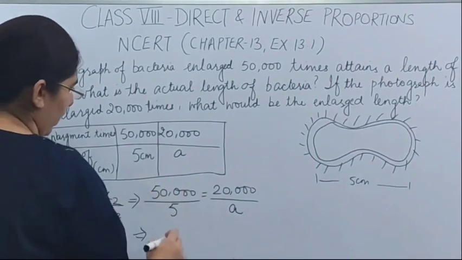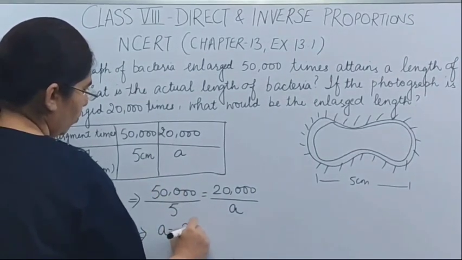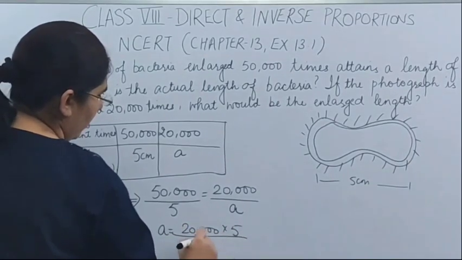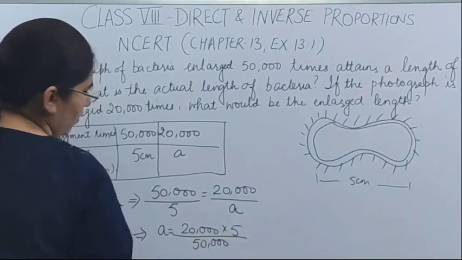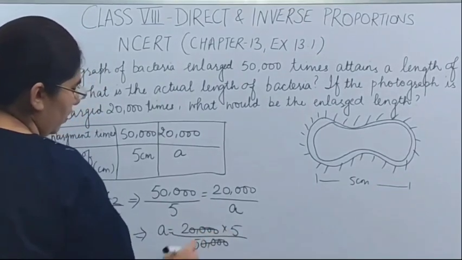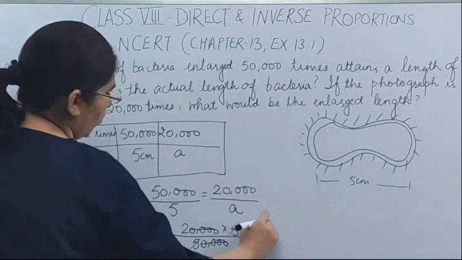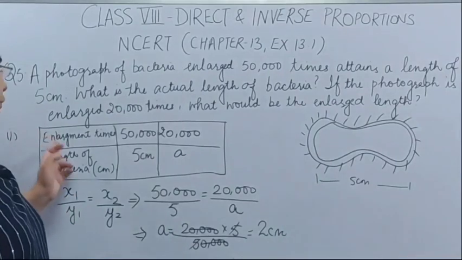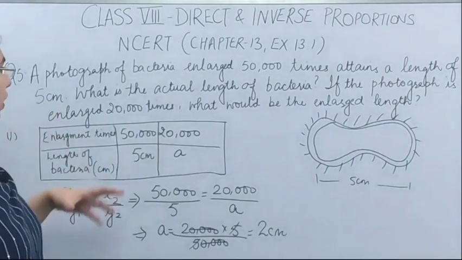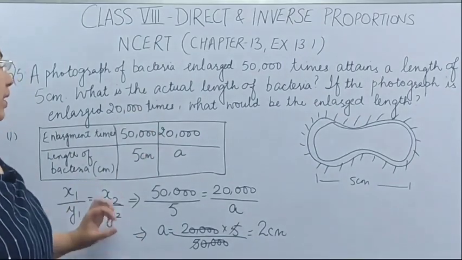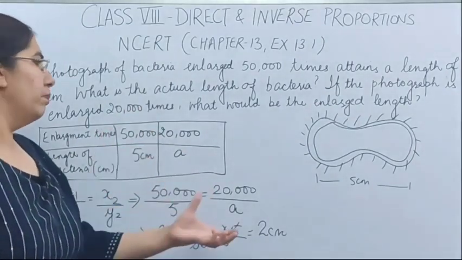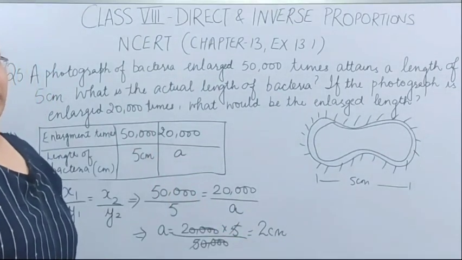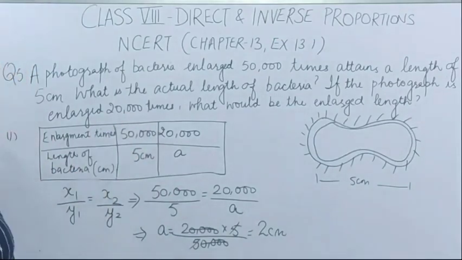You take A this side, A equals 20,000 into 5 divided by 50,000. So this gets cut, this gets cut, this gets cut, this gets cut. So you get A as 2 centimeters. So if we enlarge the photograph 20,000 times, then the enlarged length of the bacteria will be 2 centimeters. So this makes sense.